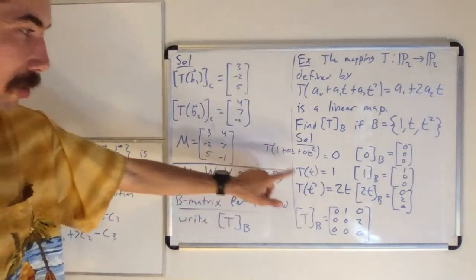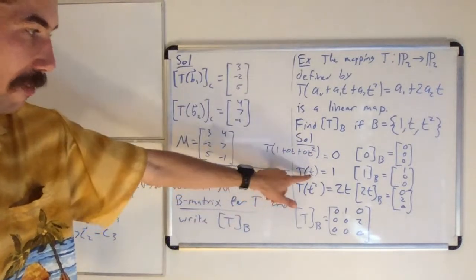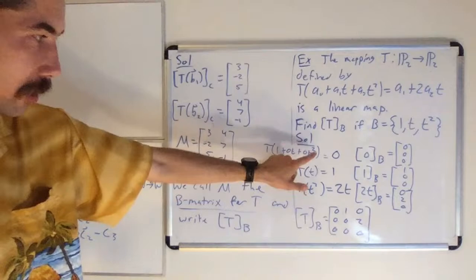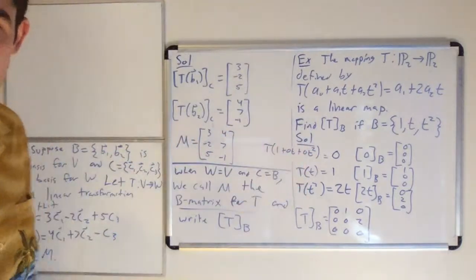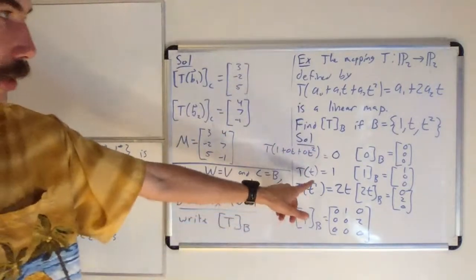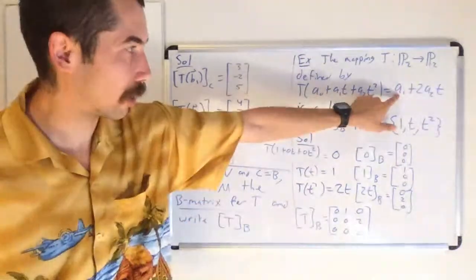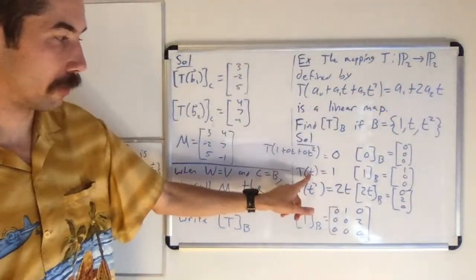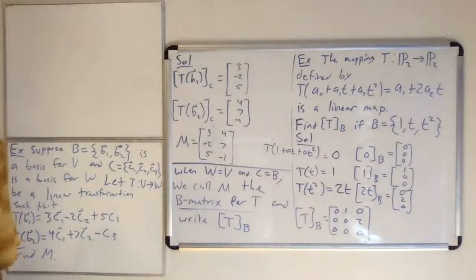And then we would do the same thing here, but instead this is 0 plus 1t plus 0t squared. And so it's just looking for the coefficient of the linear term, which is the coefficient of t, which is 1 here. And then same thing down here. Did that answer your question?